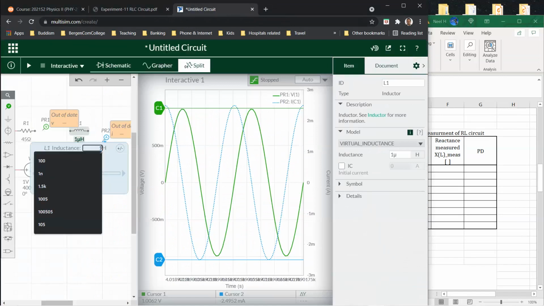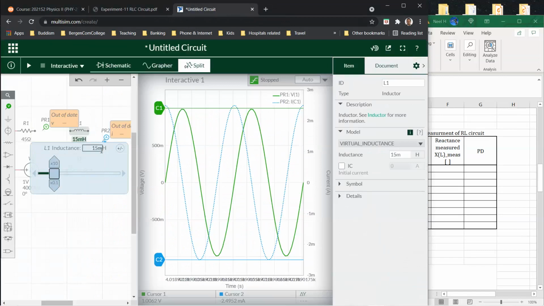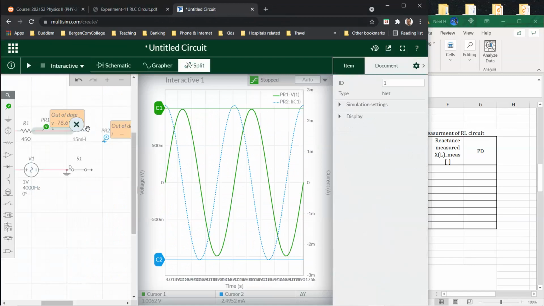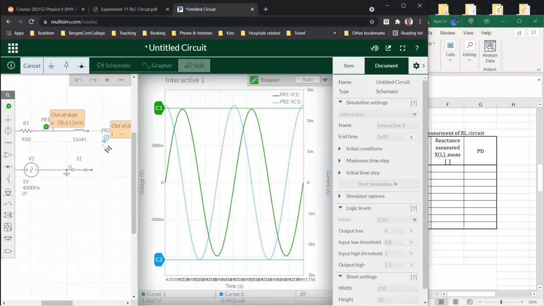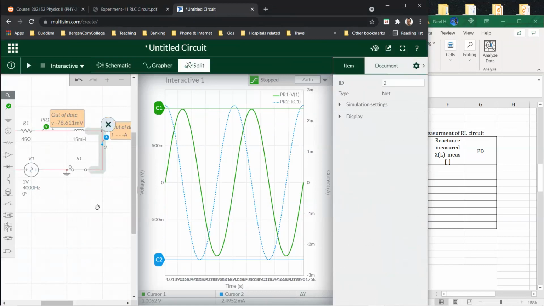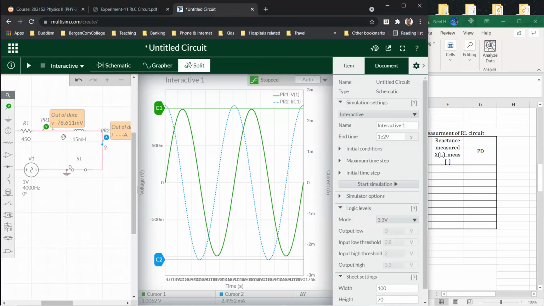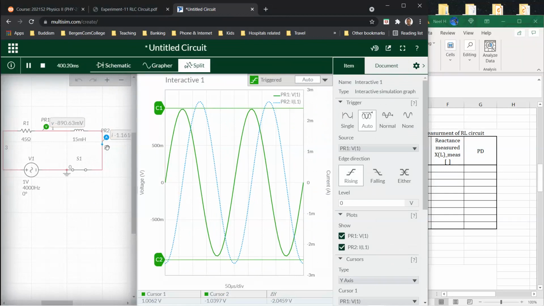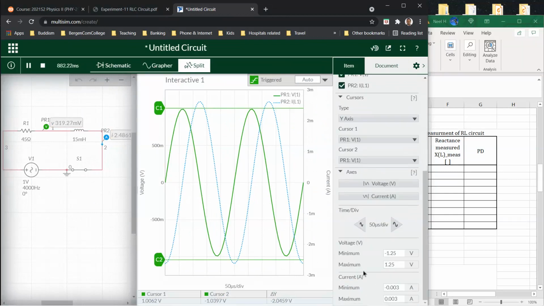Then we'll connect these points. All right, so then again we can simulate and look at the graph.